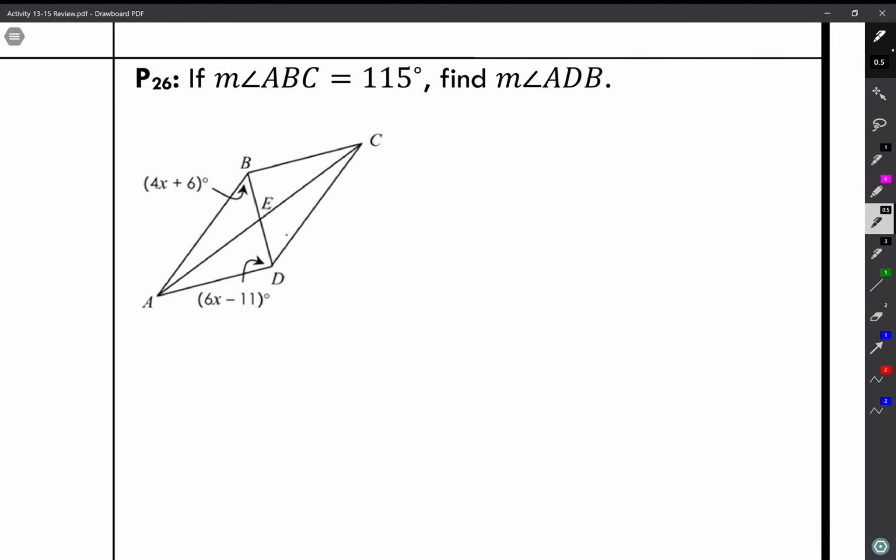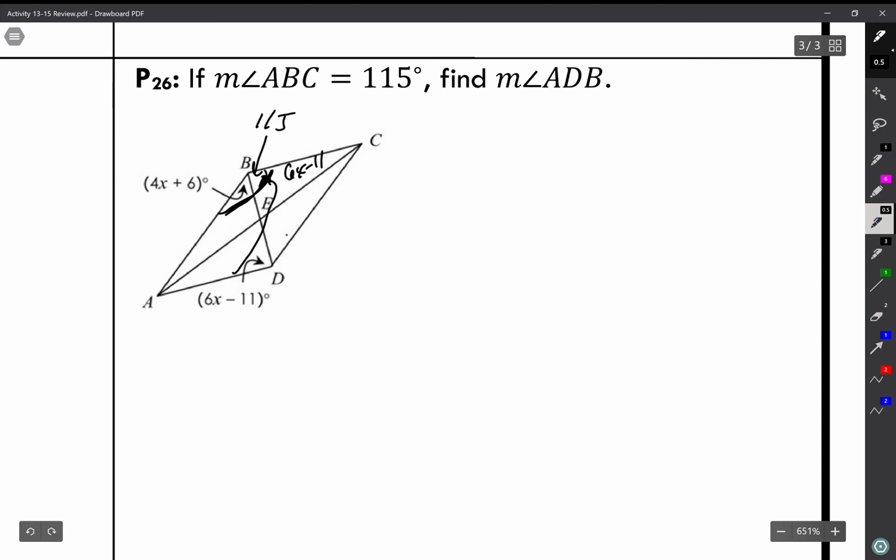So for this one, how do we want to do this one too? I know ABC is 115, so this whole thing is 115. Remember we said alternate interior angles whenever you have two parallel lines cut by a transversal. So this angle right here is 6x minus 11.